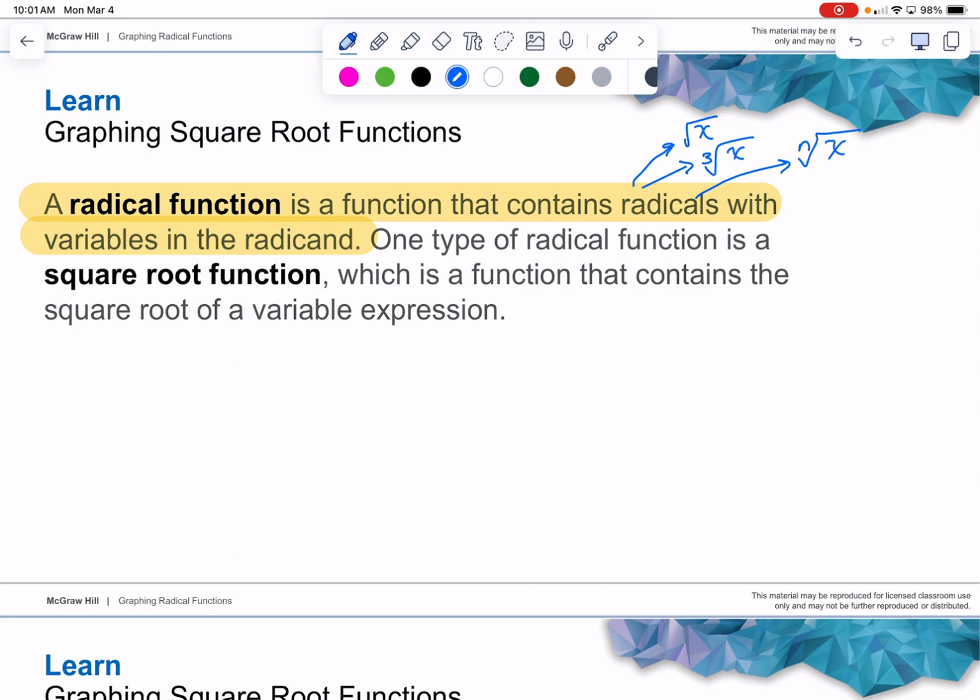One of these types is a square root function, which is a function that contains a square root of a variable expression. So the basic form of this is y equals square root of x, right? Other types of basic functions are y equals cube root of x, y equals fourth root of x, right, et cetera, right?